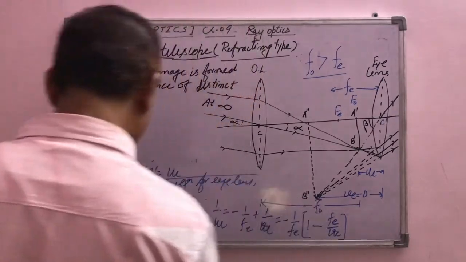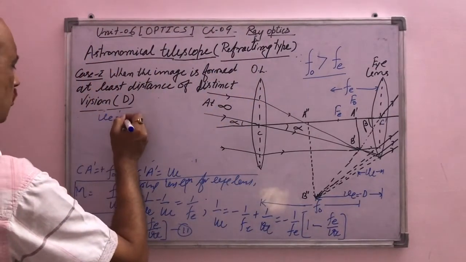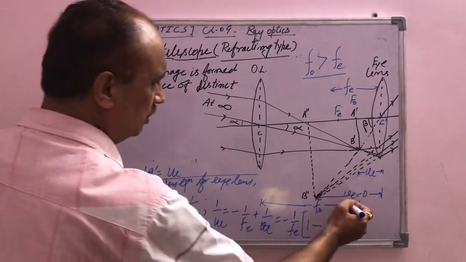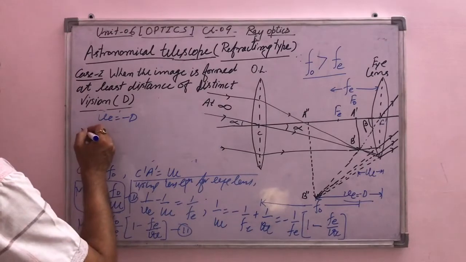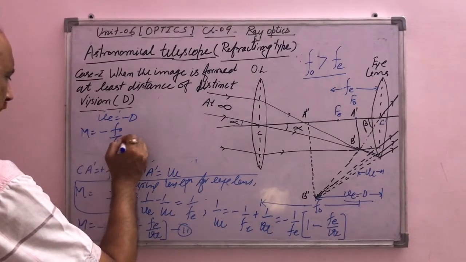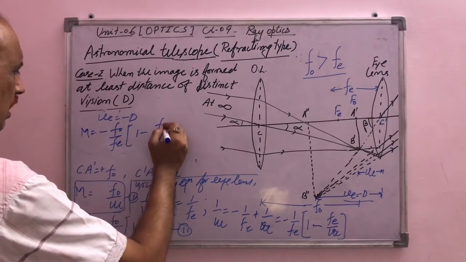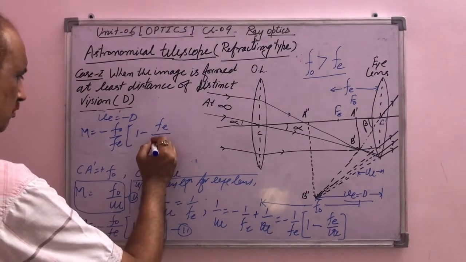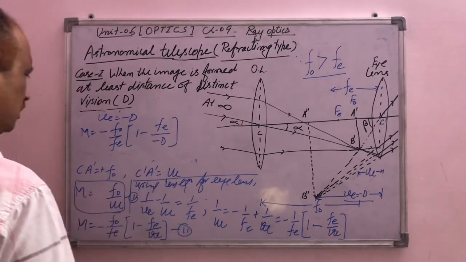So VE is equal to minus D. So the formula for the magnifying power will be equal to minus FO upon FE, and put the values: 1 minus FE upon minus D, and this minus minus will be equal to plus.